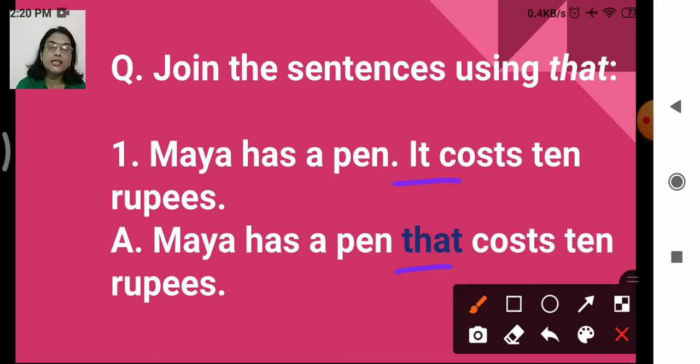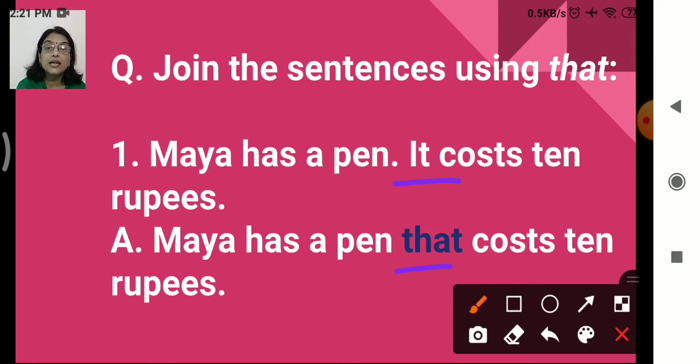Instead of pen, which pronoun is used? "It" in the second sentence. So while writing the answer, we are going to remove that "it" and use "that". The work of both the pronouns is the same, to point out the noun, right?